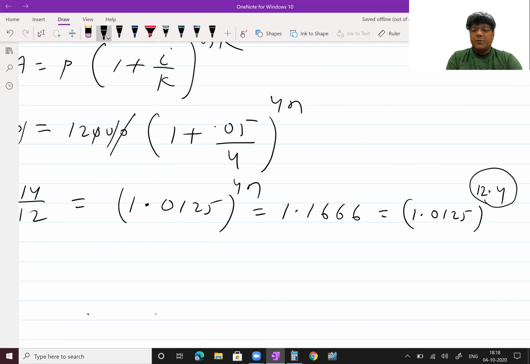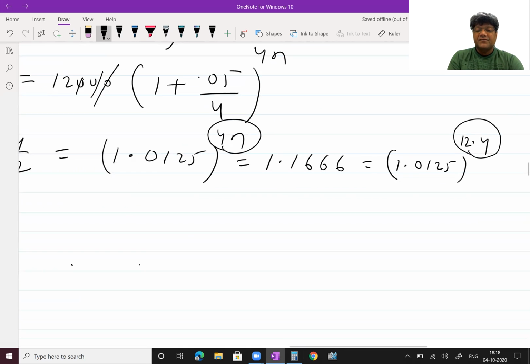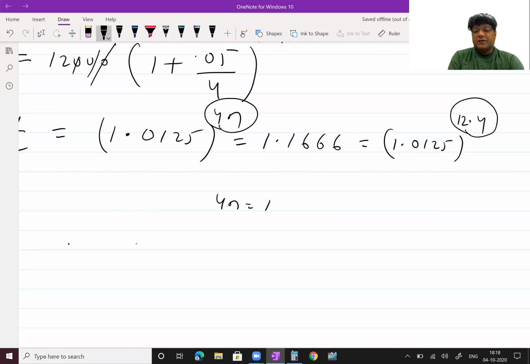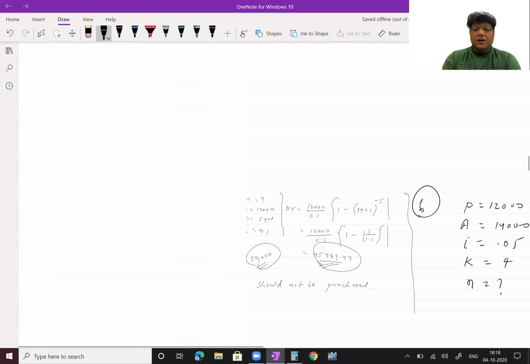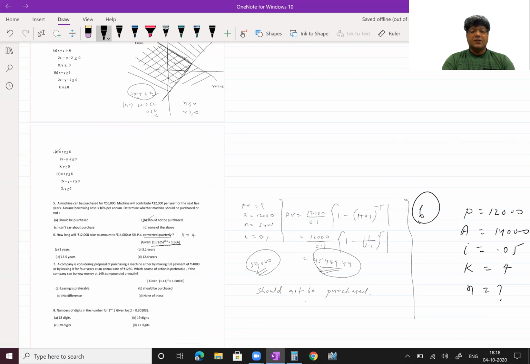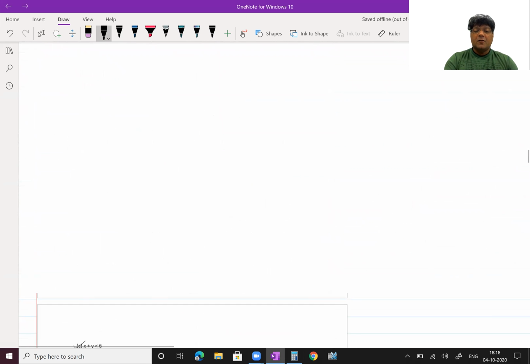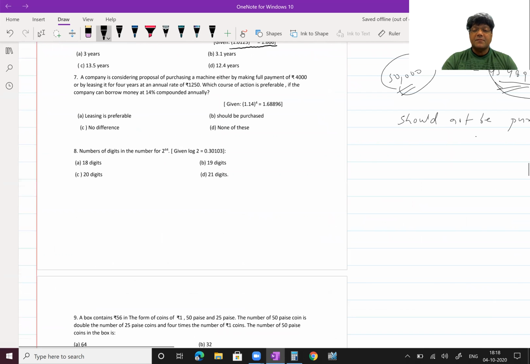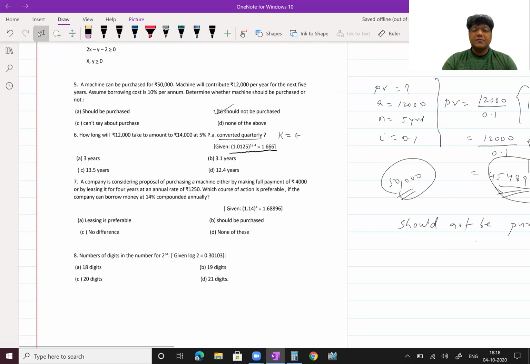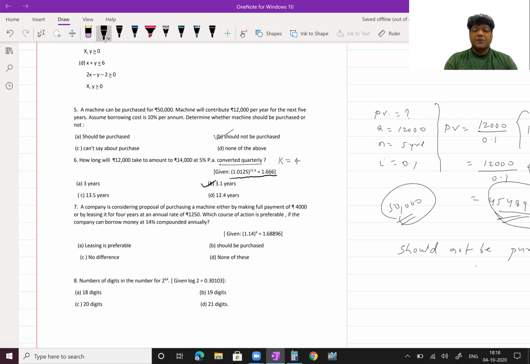That means this 12.4 must be equal to 4n. So 4n is equal to 12.4. So n is equal to 3.1. 3.1 years. Any option? 3.1 years means, where is the question? 3.1 years, option B.